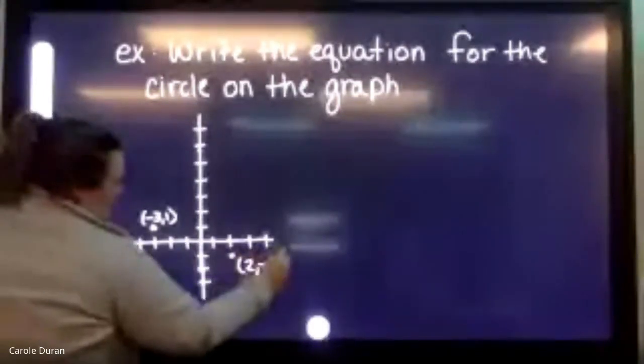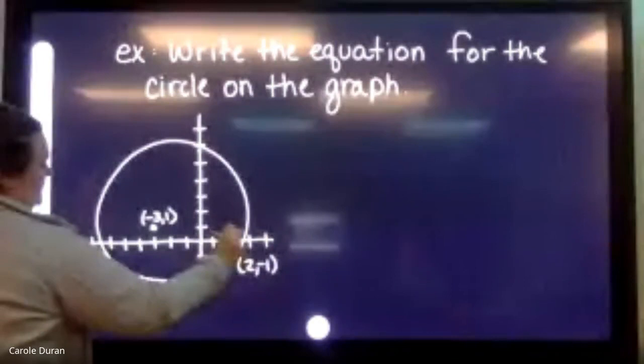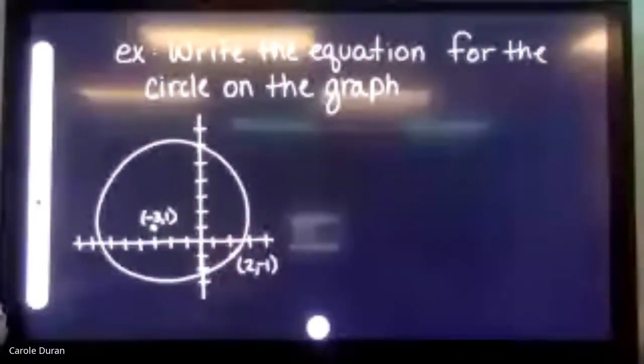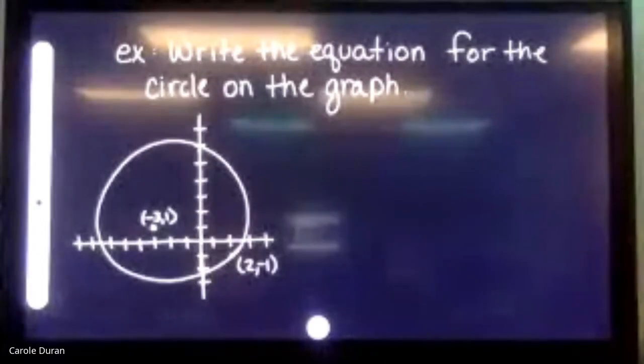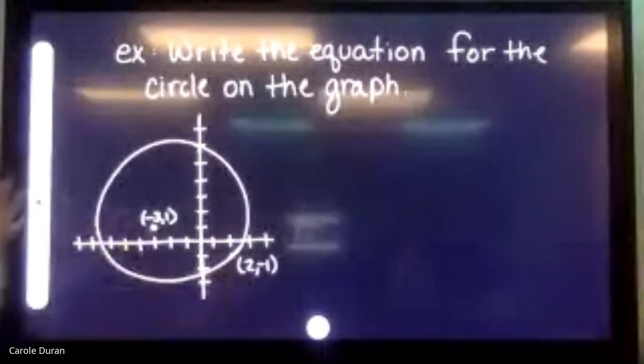You don't need anything else. My graph is awful, but that's okay. That part doesn't matter. All we really care about is this point and this point.